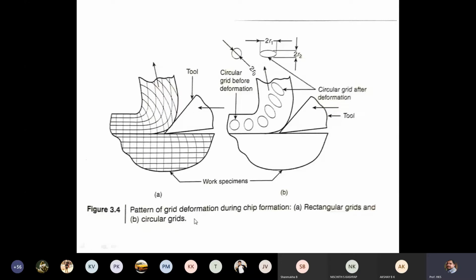Next, if you consider circular grids, initially the grids have a circular shape. In the deformed chips, they are deformed to take the shape of an ellipse. Because of that, you have a larger thickness compared to the uncut layer of the work material. This is one method.